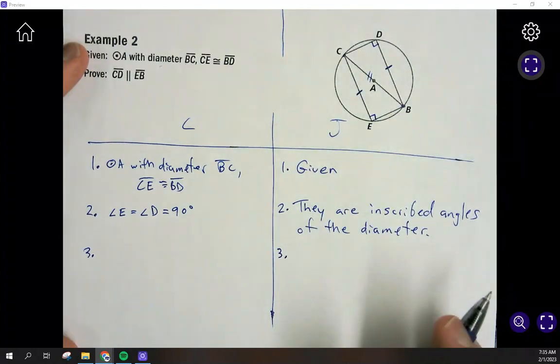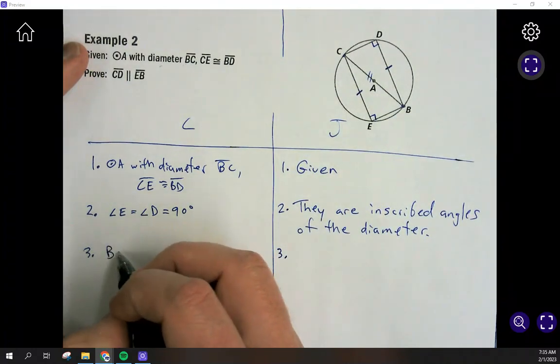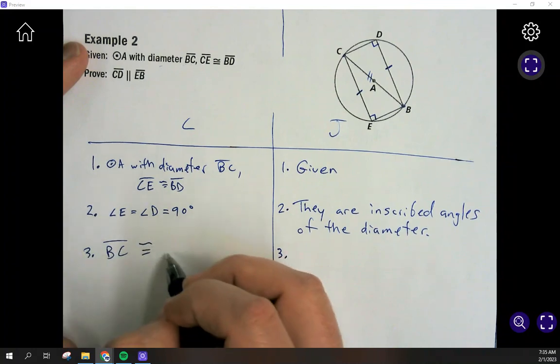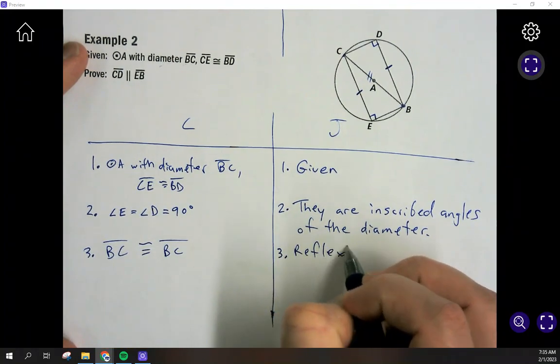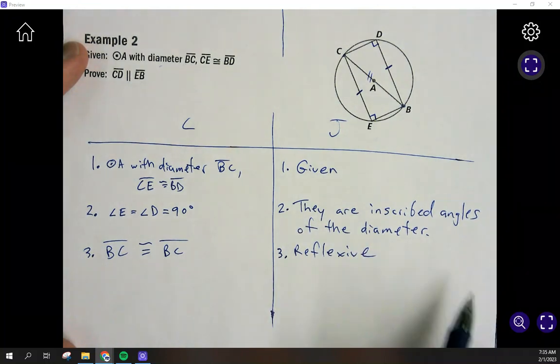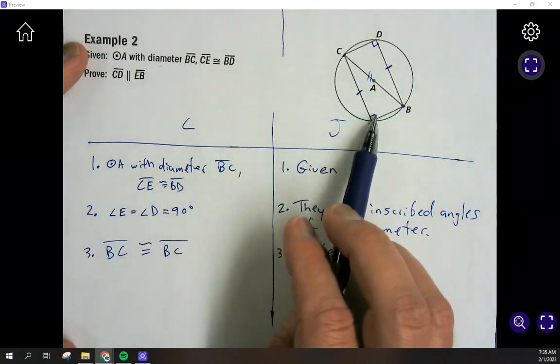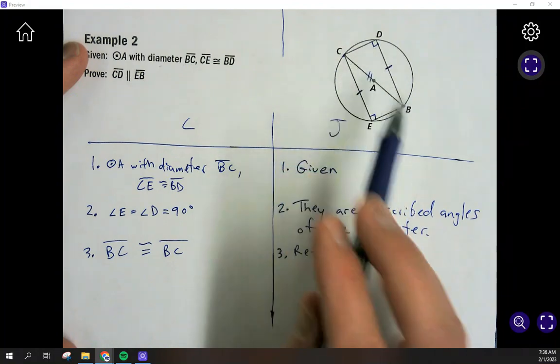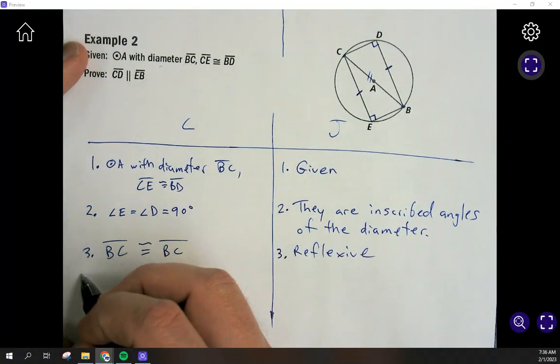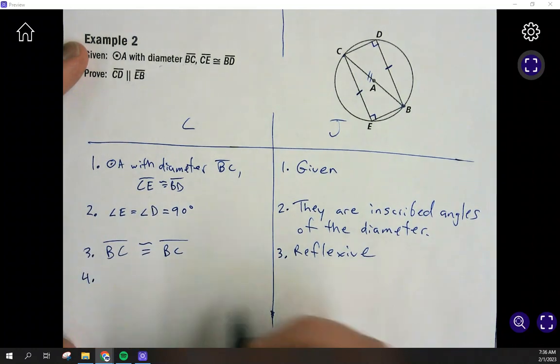So it's going to be equal in both of these. They share it, so this will be a reflexive property. BC is congruent to BC. By the reflexive property, they are sharing that, and now I have a 90-degree angle, a leg, and the hypotenuse in both triangles. So now I know that those triangles are congruent to each other.